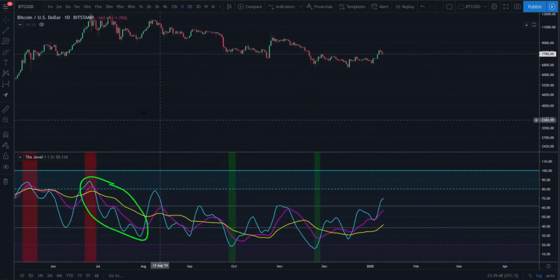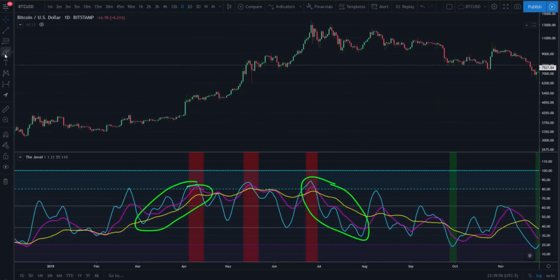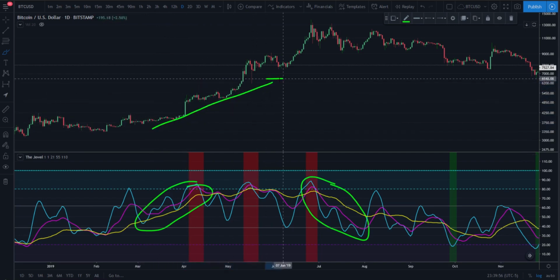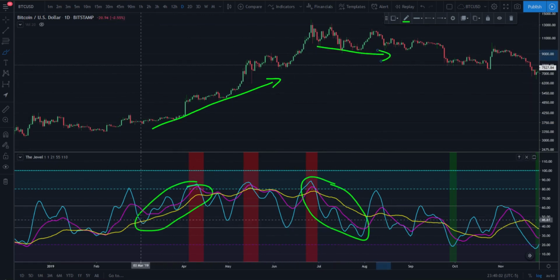So, continuation signal. A continuation signal is when you have basically a trend going up or a trend going down. Your blue fast is going to be doing something like this. Okay, you can see it over there. And along the way, it's using either the purple or the yellow as a support.